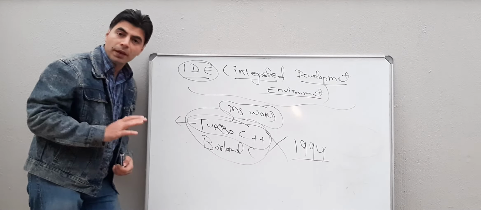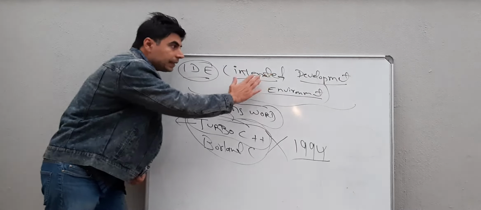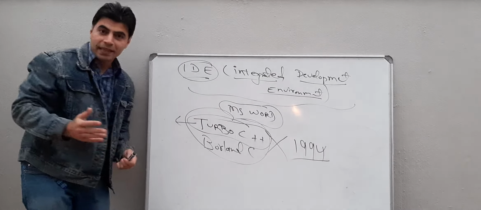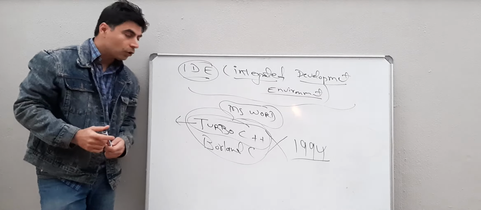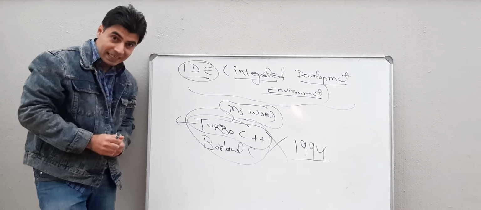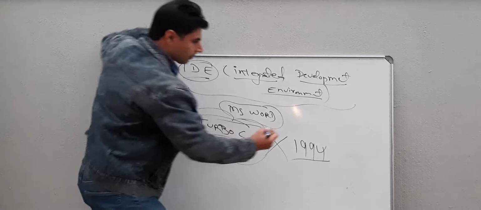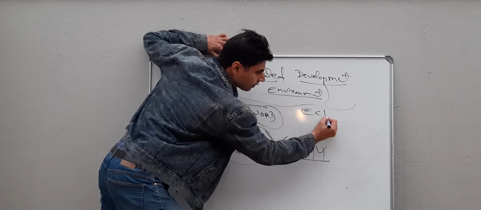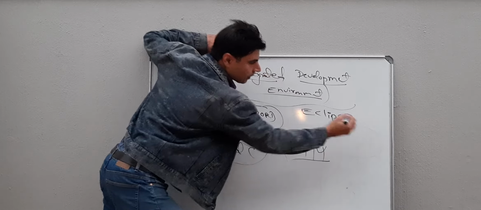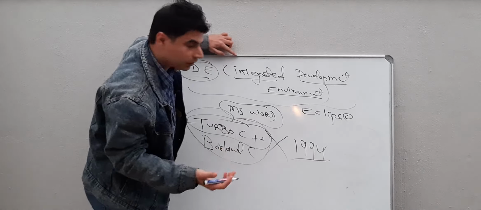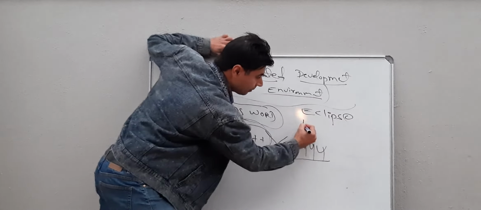There are so many integrated development environments that can be used to write the code of C language, such as Eclipse. You can write your code of the C language in Eclipse. NetBeans.